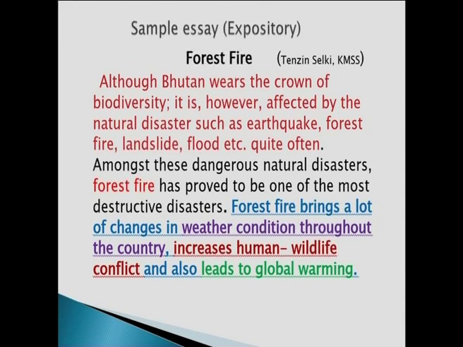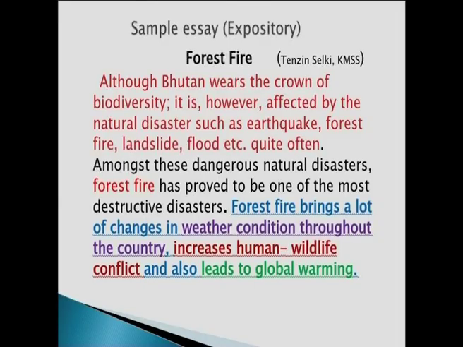It's healthy, it is robust. So the understanding the reader derives from this clause is that Bhutan may be very safe. It may not be affected by natural disaster. Then the writer goes on and says that, however, it is affected by a number of natural disasters. And she goes on and lists the natural disasters that affect Bhutan.